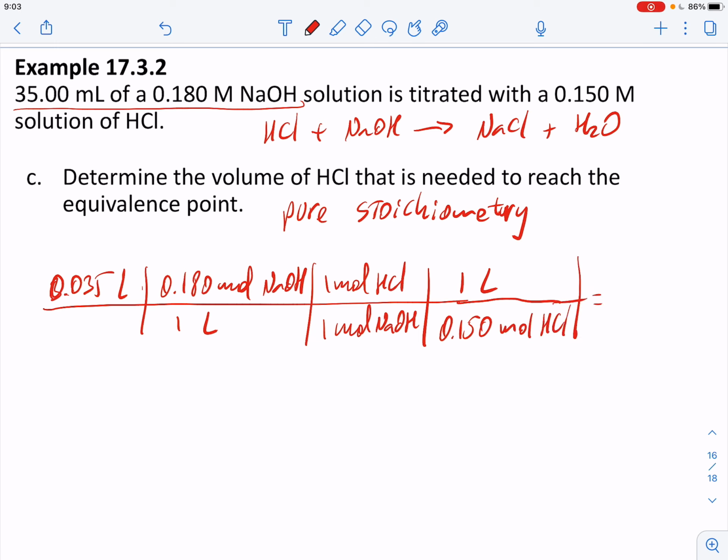And out of this, we obtain 0.042 liters of the acid, which is pretty much 42 milliliters. So to reach equivalence, you need about 42 milliliters of 0.150 molar HCl. And when you add those 42 milliliters, then you get a pH of 7.